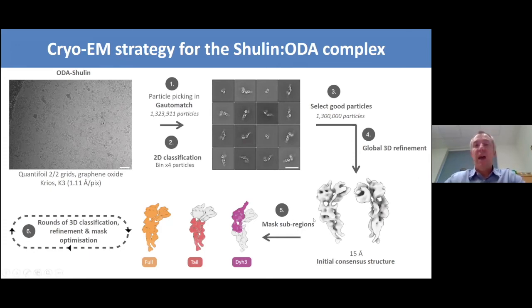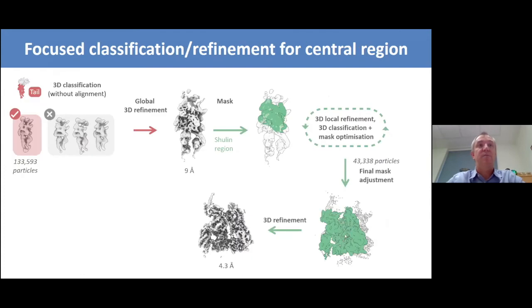But then, as many do, you go in and mask out different subregions, and you can improve the resolution of the different parts of the structure. And what I just want to do is give you a few examples of how, by tweaking with these masks and really playing with the optimization, you can actually really improve the structural information of different parts of the structure you can get out.